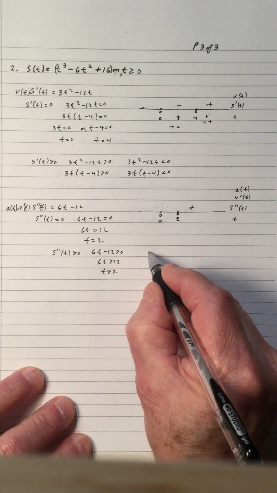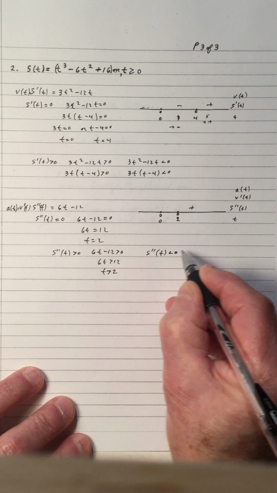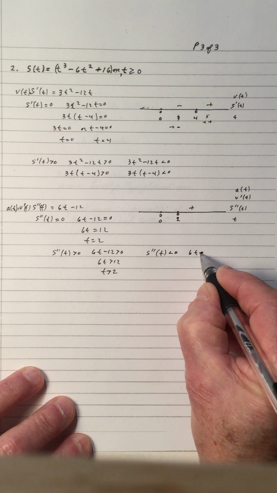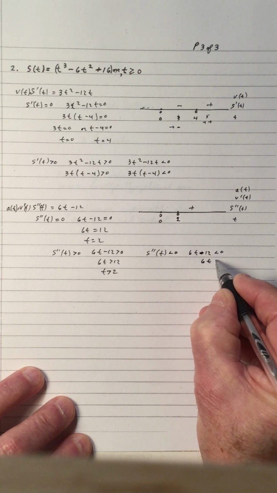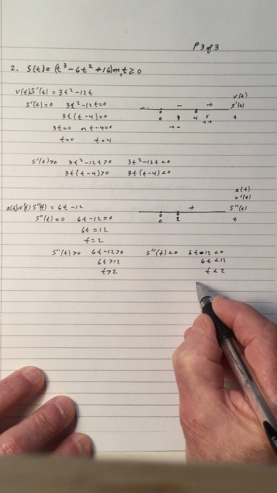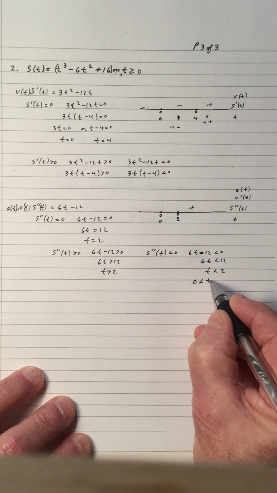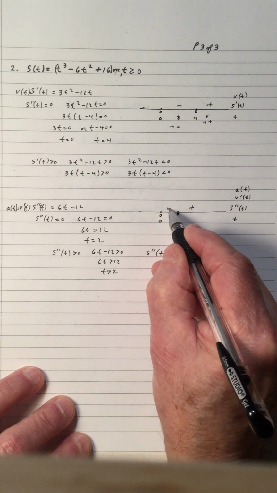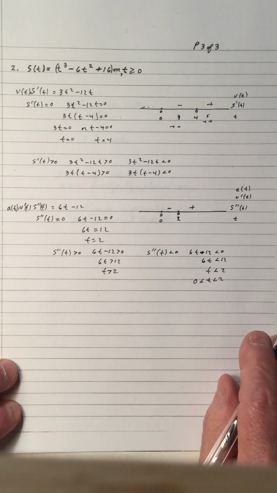And if s double prime of t is less than 0, 6t minus 12 is less than 0, 6t is less than 12, t is less than 2, so that goes 0 less than t less than 2. So between 0 and 2, we have a negative acceleration.